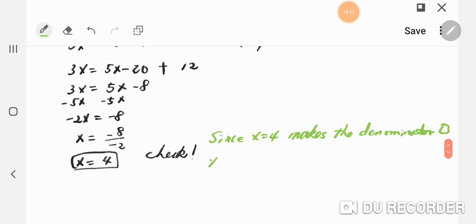Since there's no other x values, the equation has no solution. So it's really important to always check the answer.